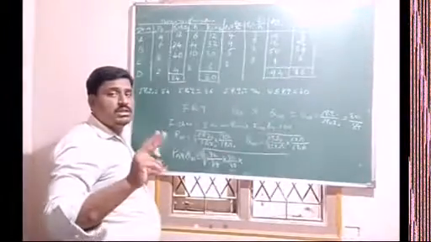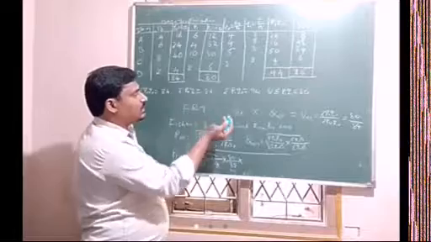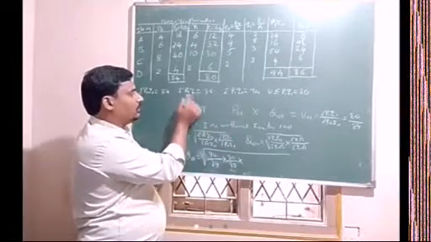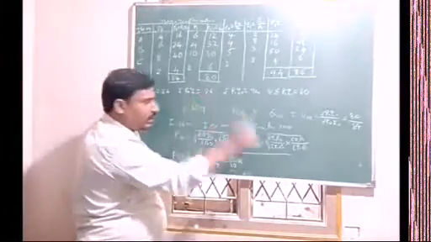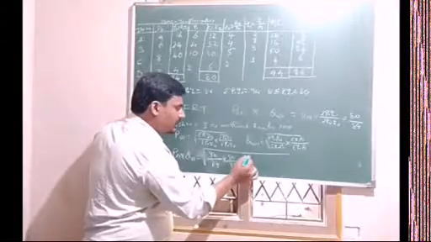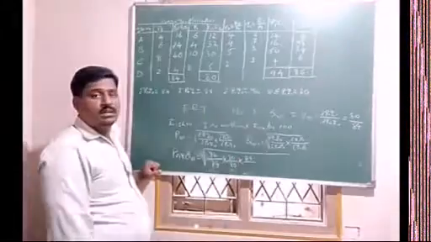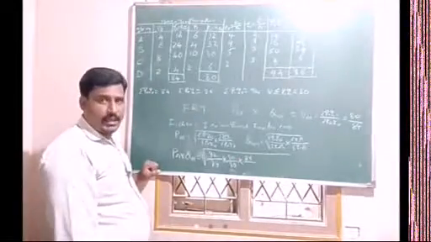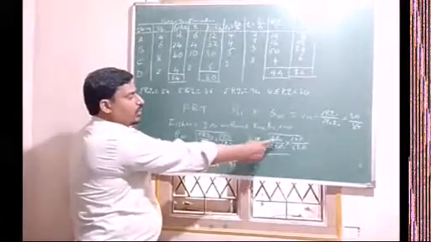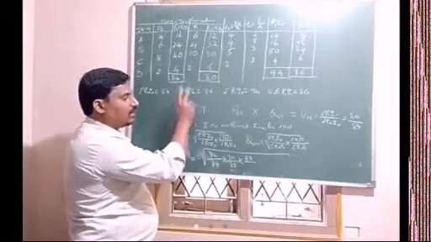Summation Q1 P0 is nothing but P0 Q1, so the answer is 86, as per the rule of mathematics: A into B is equal to B into A. So Q1 P0 is equal to P0 Q1.